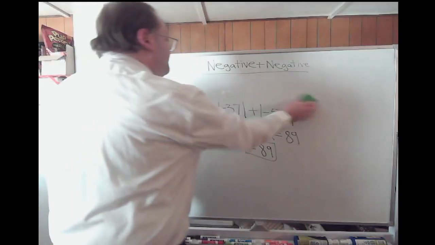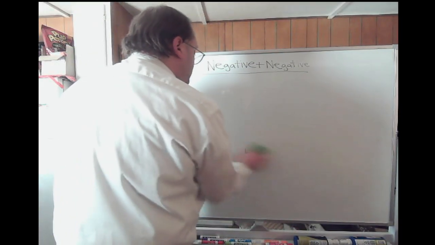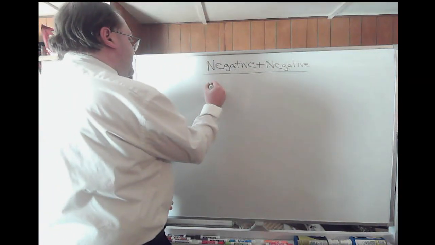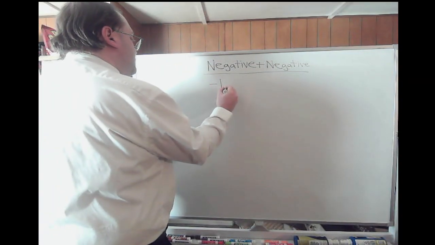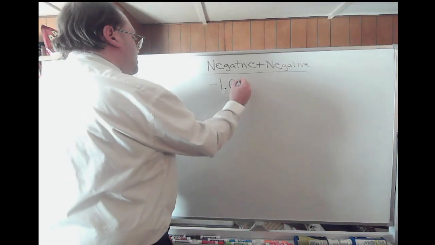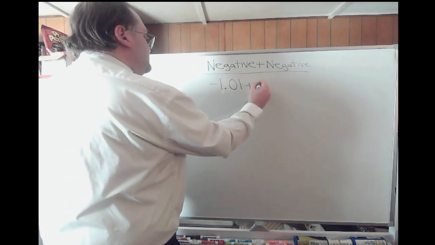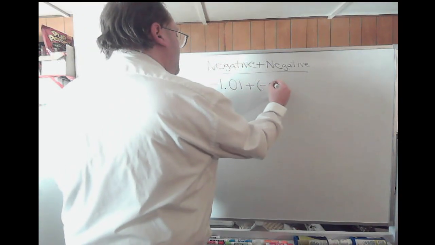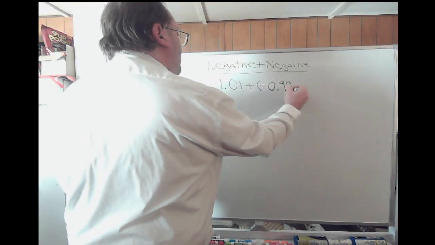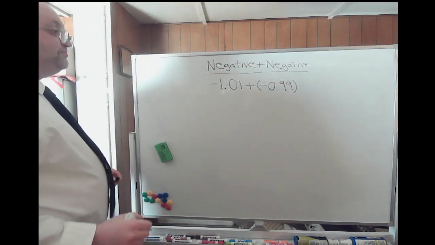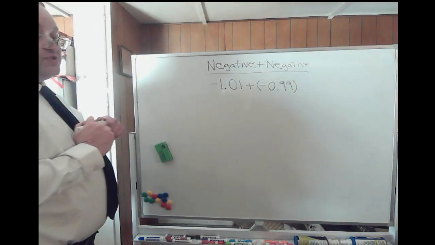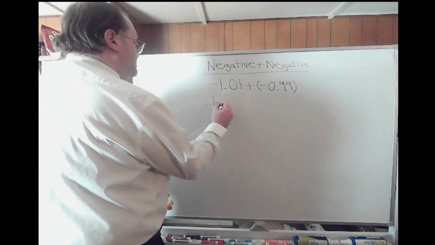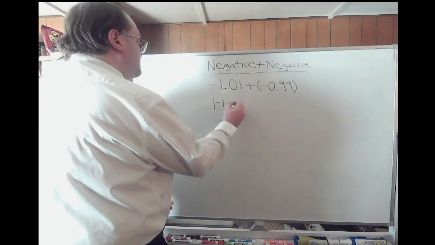Let's see here. Let's deal with a couple negative decimals. Let's say we have negative 1.01 plus negative 0.99. All right. Well, good news is both of these numbers are negative that we're adding. So we can do like we did with the whole numbers. We could take the absolute value of these decimal numbers.